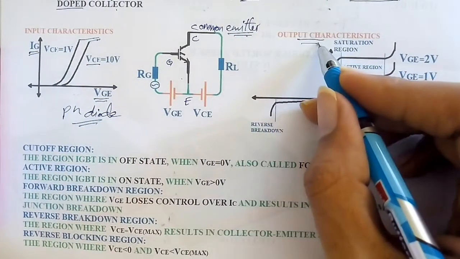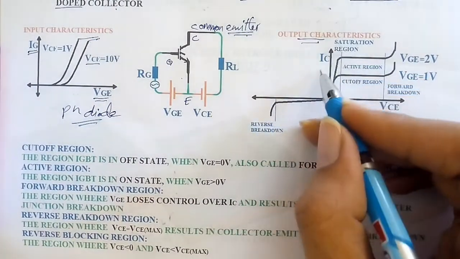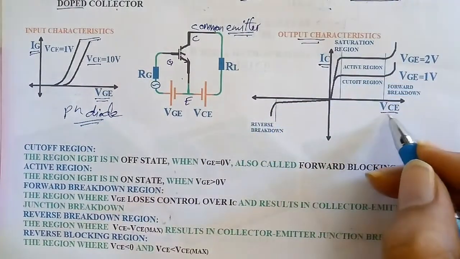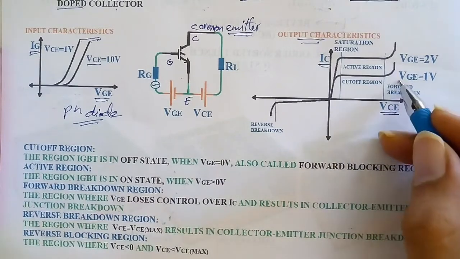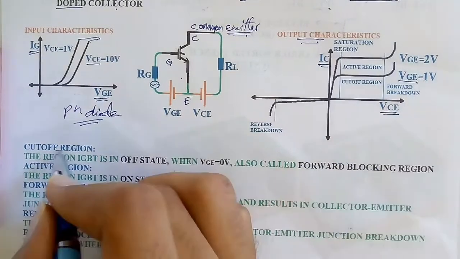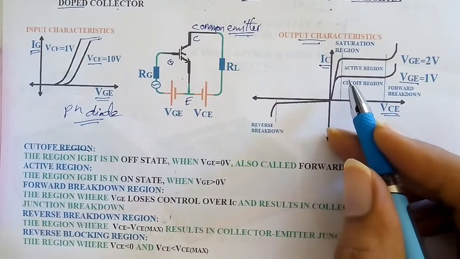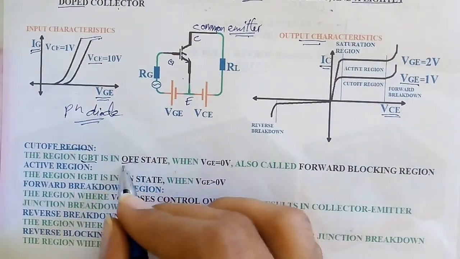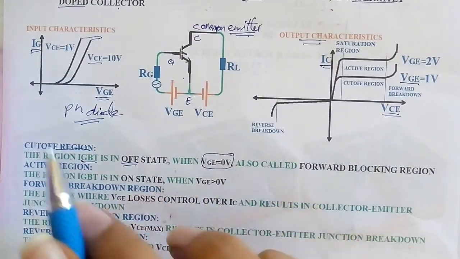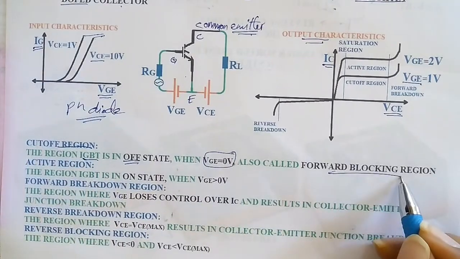Coming to the output characteristics graph, it is plotted taking collector current on the y-axis and collector voltage on the x-axis for a constant VGE value. Cutoff region is the area where IGBT is off, VGE equals 0 volts. This region is also called the forward blocking region.